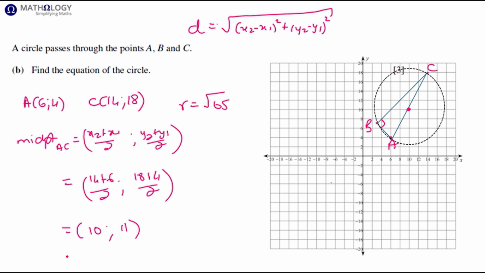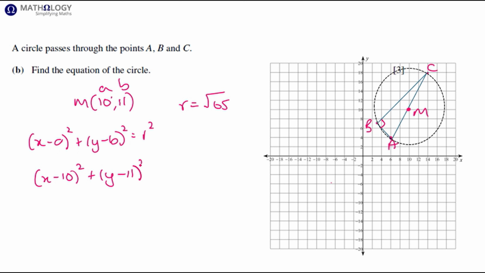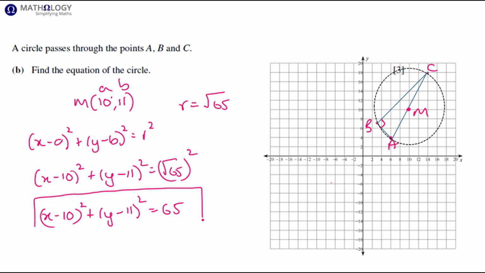So the midpoint, you can call that center M. So M, the center of the circle, is the point (10, 11). Okay, so the equation of the circle is therefore (x minus 10) all squared plus (y minus 11) all squared equals root 65 squared. So (x minus 10) squared plus (y minus 11) squared equals 65. You can leave it in that form.